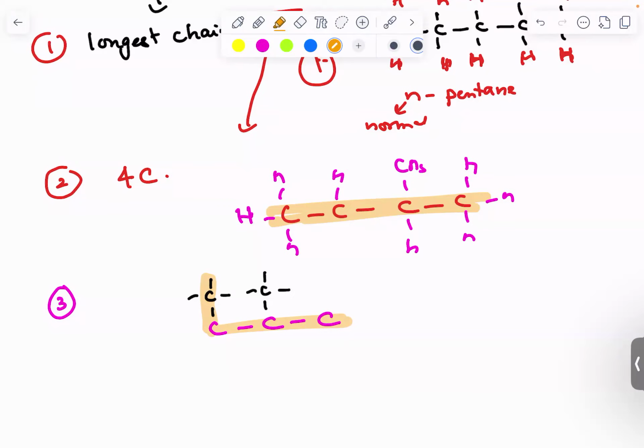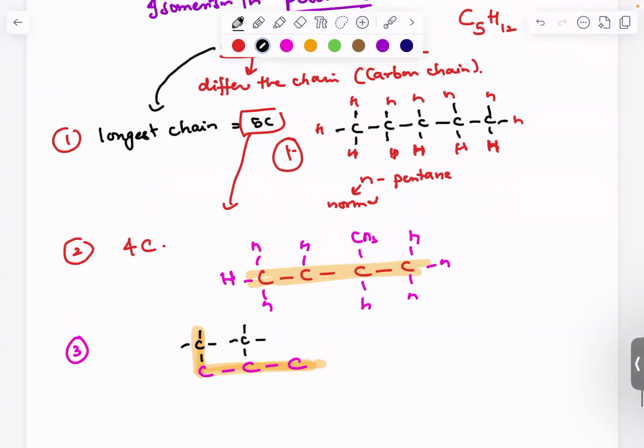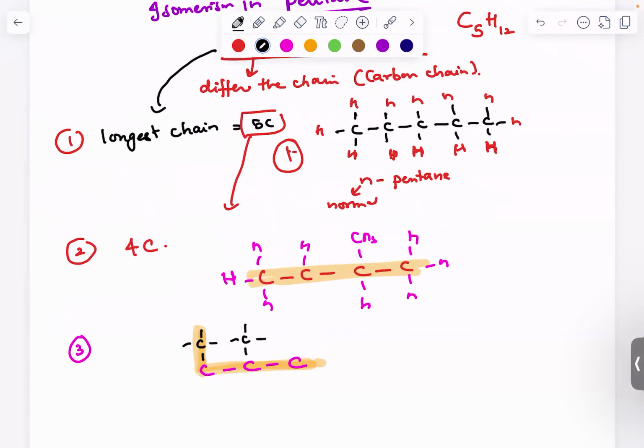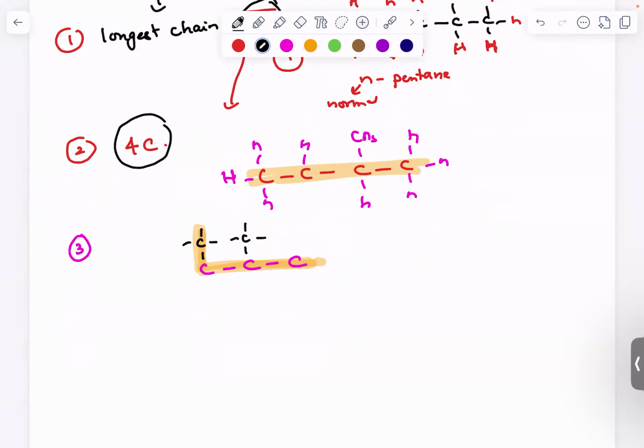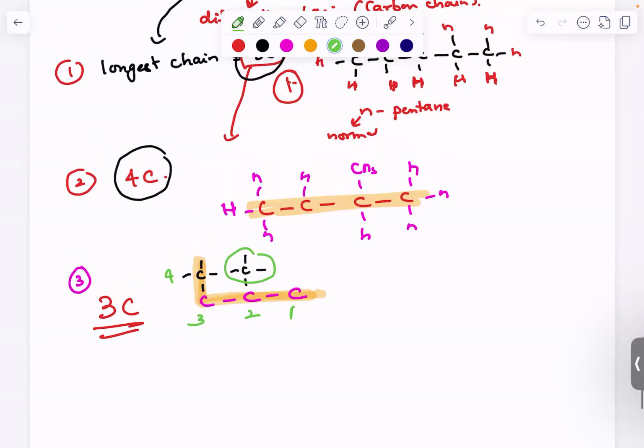So this is the longest carbon chain, of four carbon atoms. But as I told you, you need to decrease the number of carbon atoms in the chain. If it's five for the first one, four for the second one, then you need to have three for the third one, a three carbon chain. So this is not going to serve the purpose, because you need to start the numbering from the side where the branch is closest, so that would be one, two, three, four, and this would be 2-methylbutane.